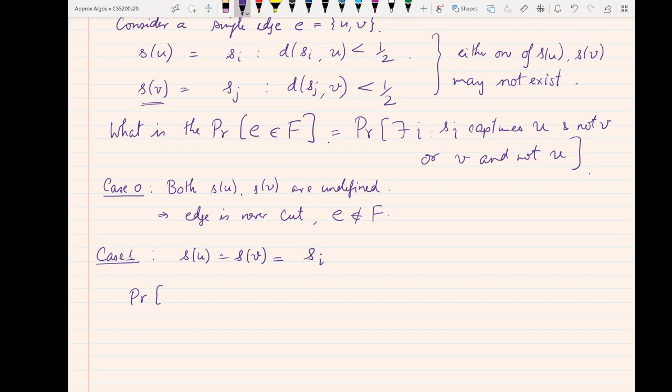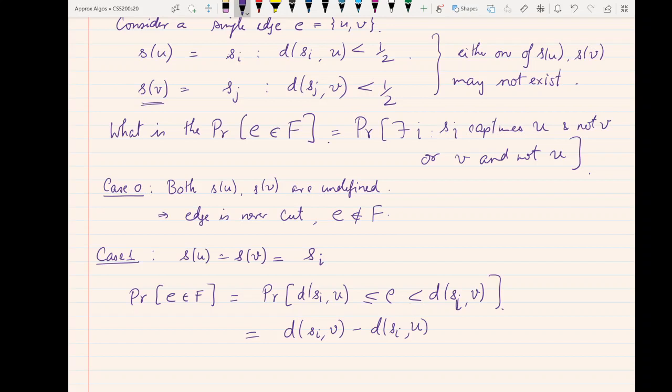In this case, like before, the probability that E is in F is equal to the probability that rho, and without loss of generality, like before, I'm going to assume that d of Si comma u is less than d of Si comma v, is equal to d of Si comma v minus d of Si comma u, and we'll divide this by half because rho is uniform in 0 to half.